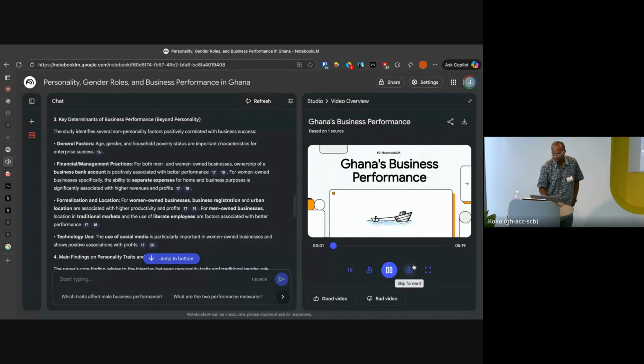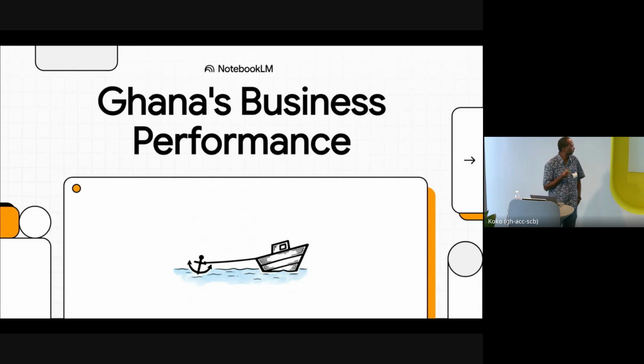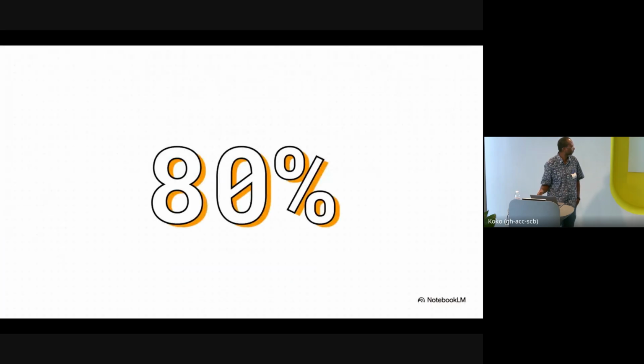All right, let's jump right in. Today, we're looking at a really fascinating economic mystery from Ghana, all based on a World Bank working paper. It's a story about what makes a business succeed, but it's probably not what you think. It's about psychology and some of the invisible forces that can make or break an entrepreneur. So get this, in Ghana, women are the absolute powerhouses of the small business sector.